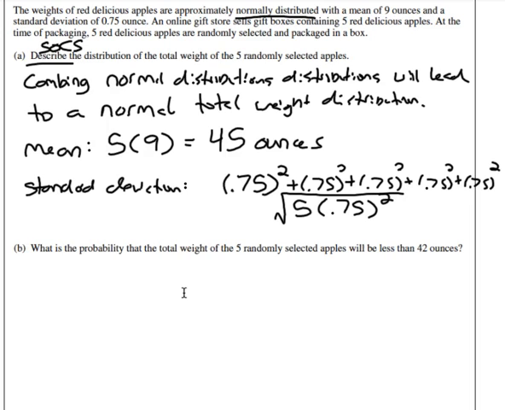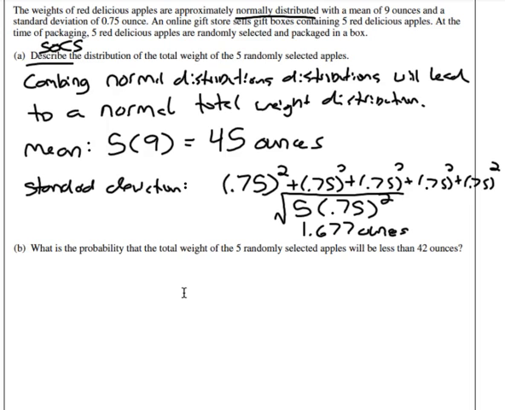So when you type that in the calculator, square root of 5 times 0.75 squared, I'm getting a standard deviation of 1.677 ounces. So again, the big idea here: standard deviations do not combine, variances combine, then you have to square root that to put it back to a standard deviation.